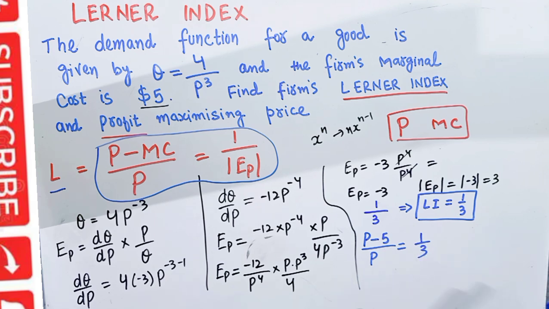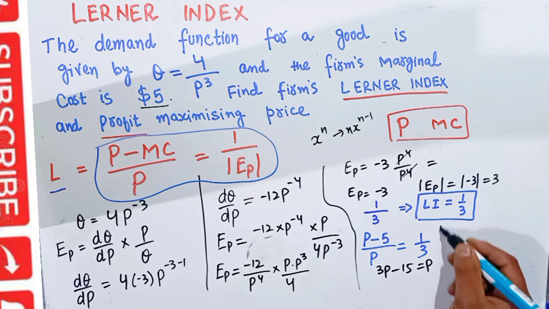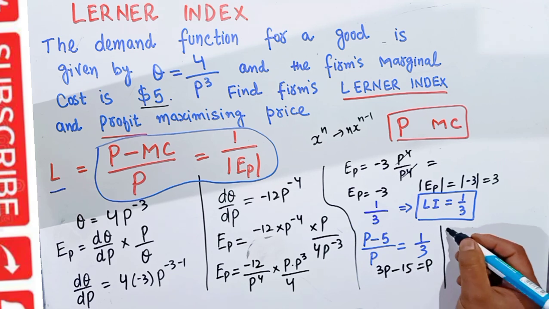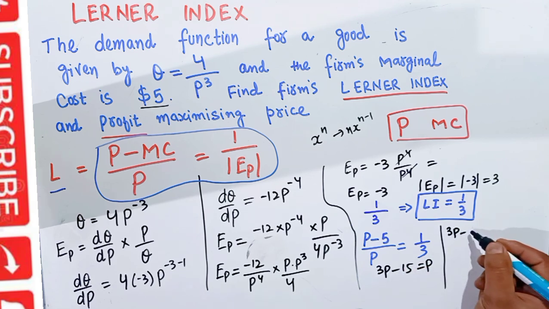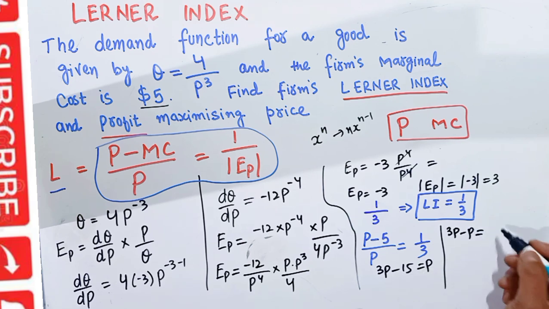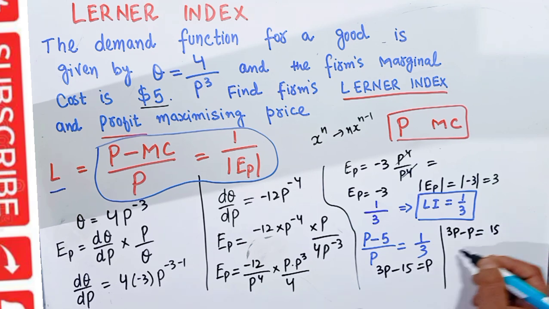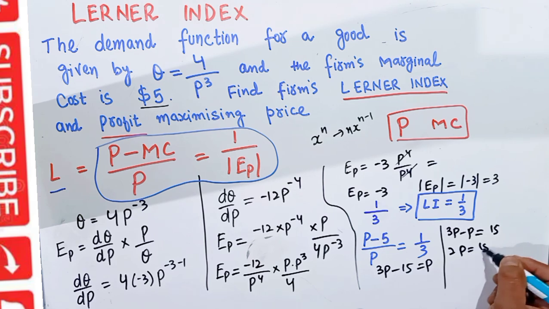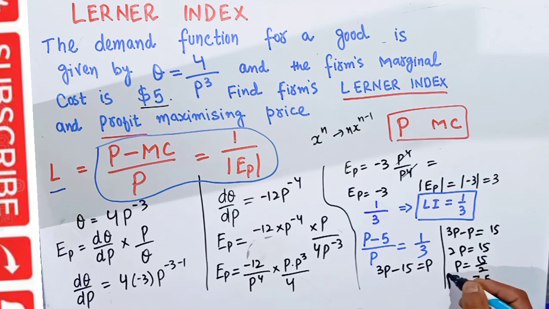Solving this equation will give us the profit maximizing price. So we have 3 into P minus 5, which is 3P minus 15, equal to P. Solving for P, 3P minus P is 2P. Transposing the 15 to the RHS, it becomes plus 15. So we get 2P equal to 15, or P equal to 15 upon 2. That means the profit maximizing price will be equal to 7.5.